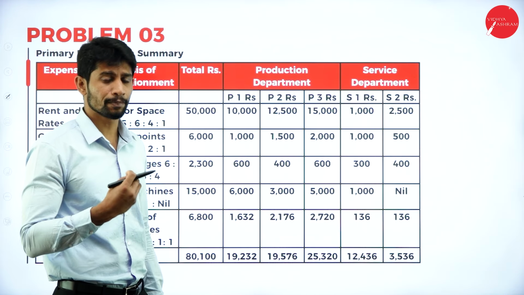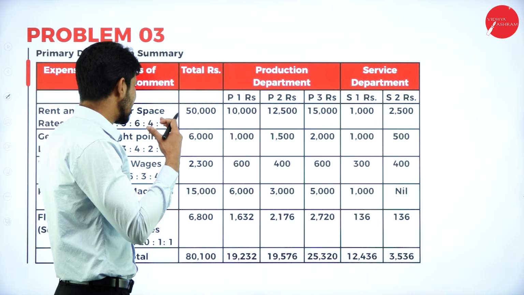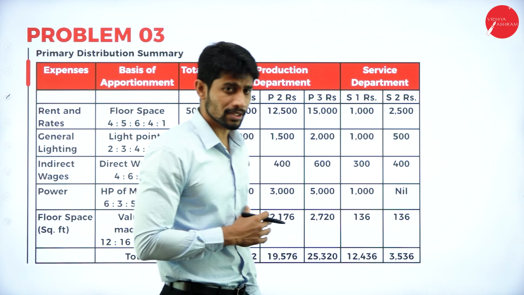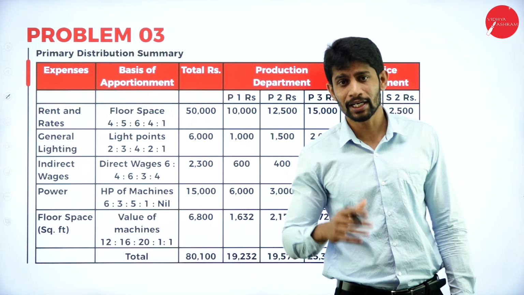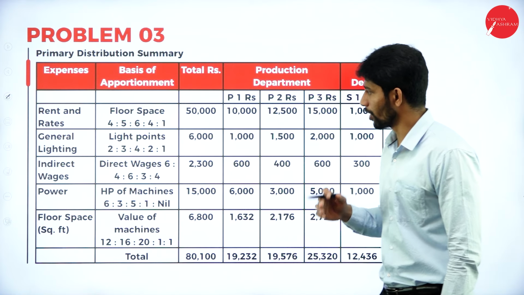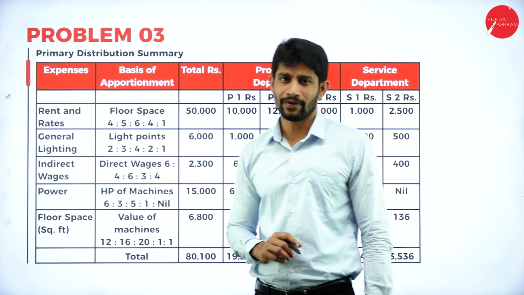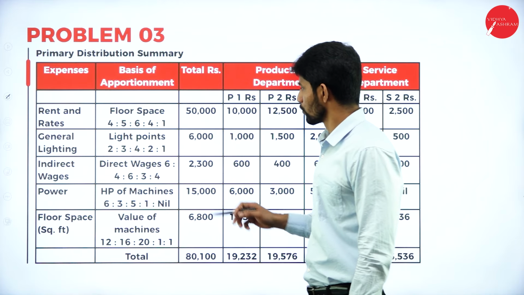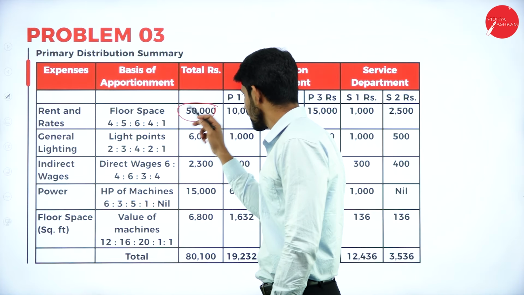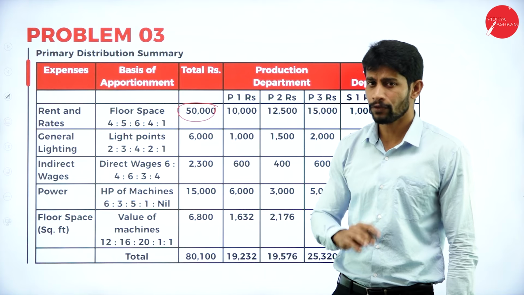Now distribute. Start with the primary distribution. Distribute the expenses among the different departments. Rent and rates is given, right? What is the total expenditure of rent and rates? It is 50,000.